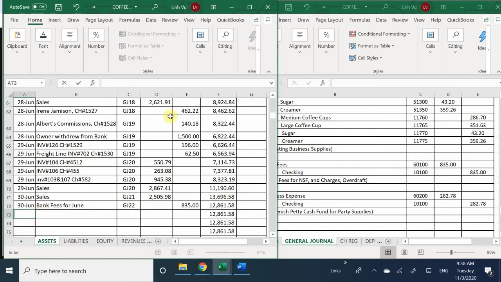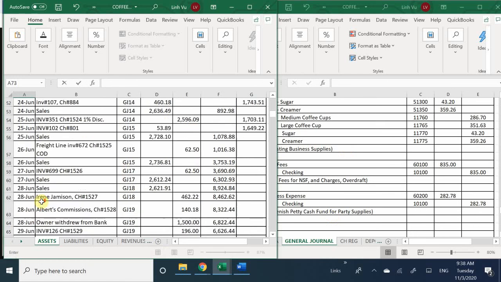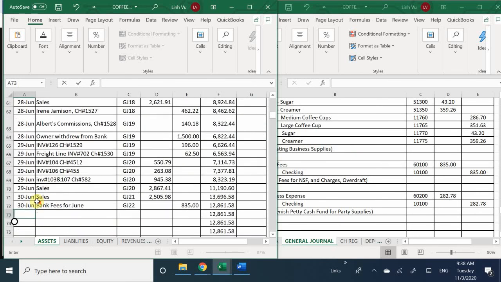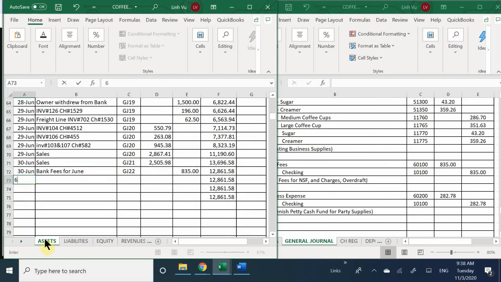Let me make sure this is my checking account. Okay, yes it is. So check 630, replenish petty cash fund.